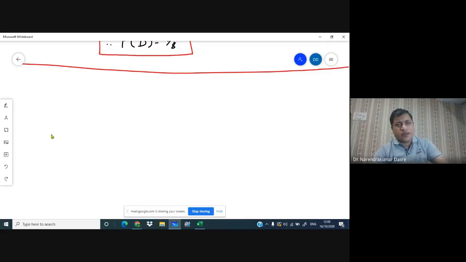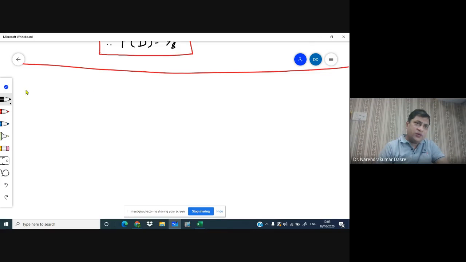Similarly, we can toss this coin multiple times. Again, we'll consider another random experiment of throwing a die. So let us consider the experiment of throwing a die.